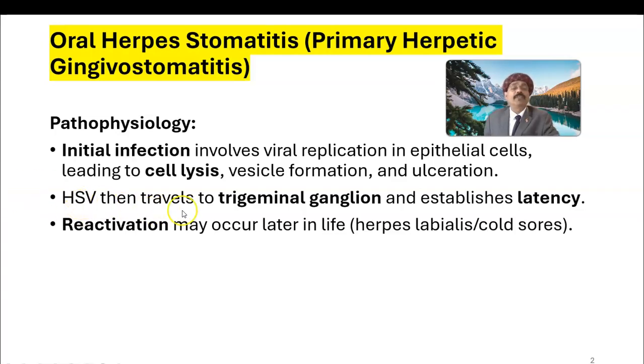Herpes simplex virus then travels to the trigeminal ganglion, the ganglion of the trigeminal nerve, the fifth cranial nerve, and establishes latency there. It may stay in the trigeminal ganglion for many years. Reactivation may occur later in life: herpes labialis, cold sores.